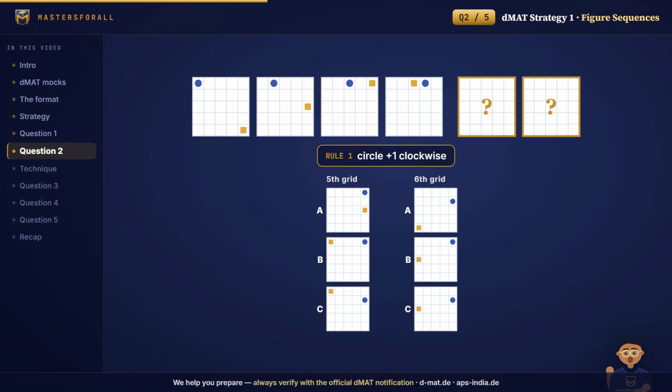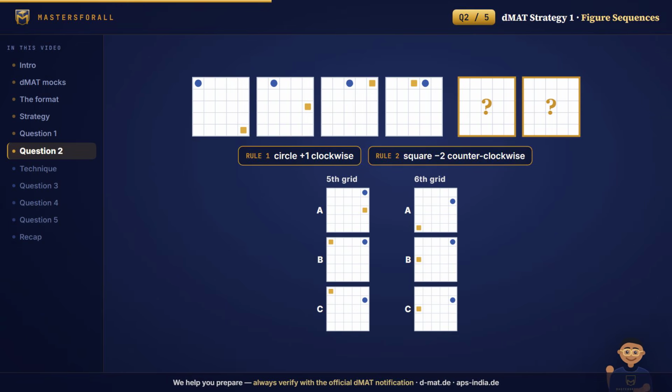The circle is the easy one, 1 cell clockwise along the top every step. The square is the interesting one.